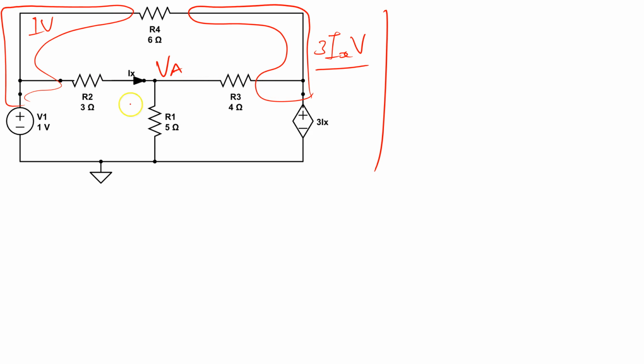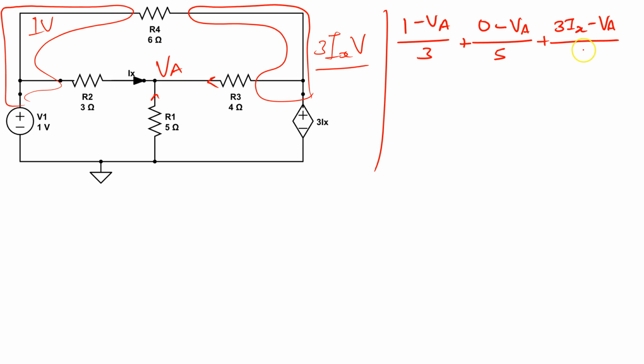So taking the currents coming in, I have 1 in this direction, 1 minus VA on 3, plus this direction, which will be 0 minus VA on 5, plus the current in this direction, which is 3ix minus VA on 4, and all of that is equal to 0.